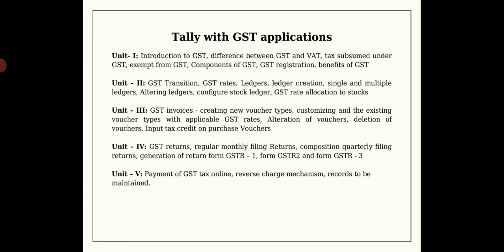Next, Unit 4: GST returns, regular monthly filing returns, composition quarterly filing returns, generation of return form number GSTR1, form GSTR2 and form GSTR3. And last, Unit 5: payments of GST tax online, reverse charge mechanism, records to be maintained. So this is your syllabus.